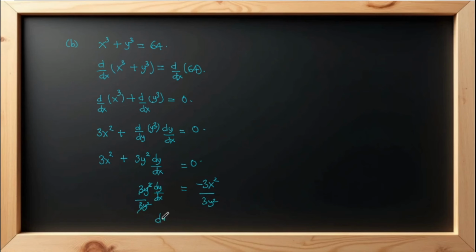Also our dy by dx will be, now we can see 3 is common to numerator and denominator. We can cancel it out and write the remaining terms here. That is negative x squared over y squared, and that is the answer for this part.